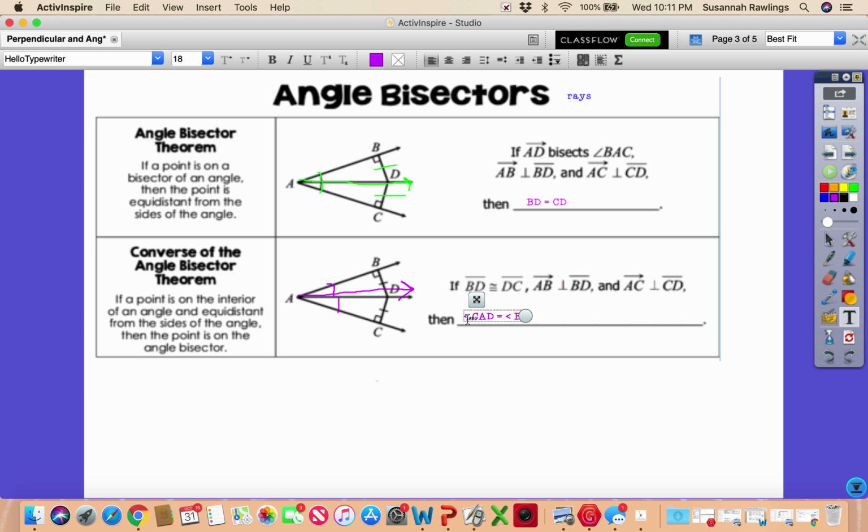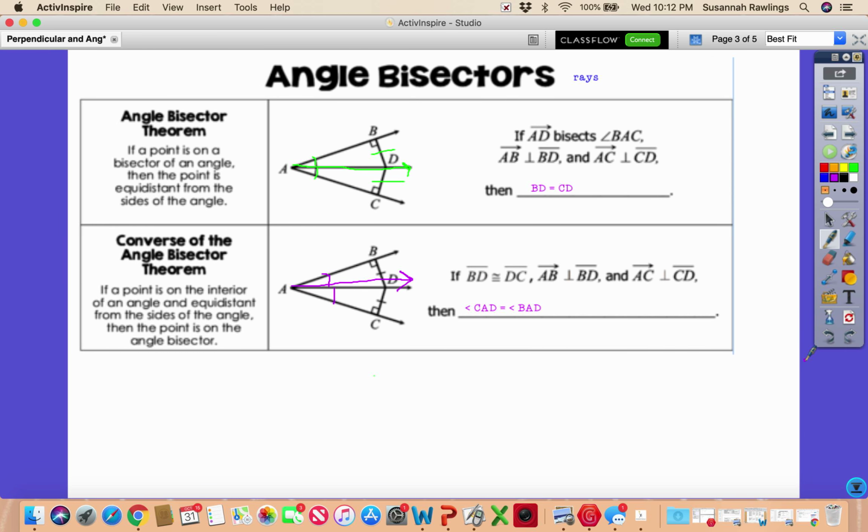Remember, we want the vertex A in the middle there. So that again tells me that that point is on the angle bisector if we read the actual theorem here. So again, converse just puts that theorem in reverse. It just switches the order.